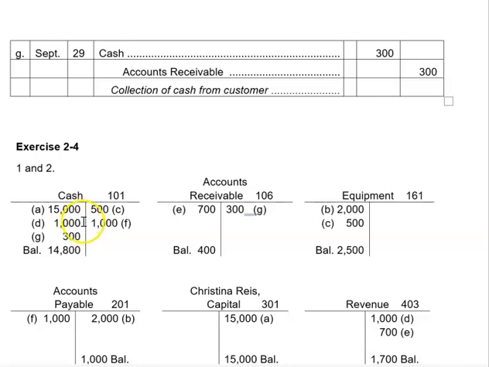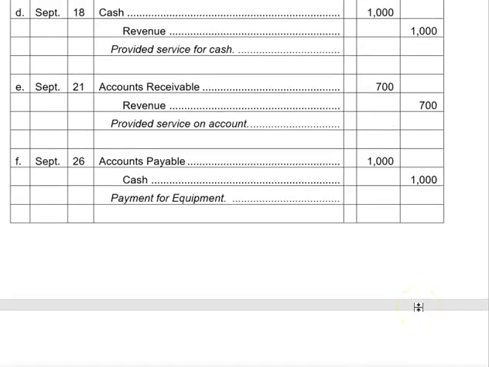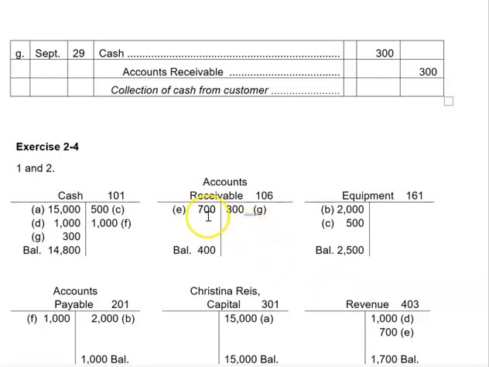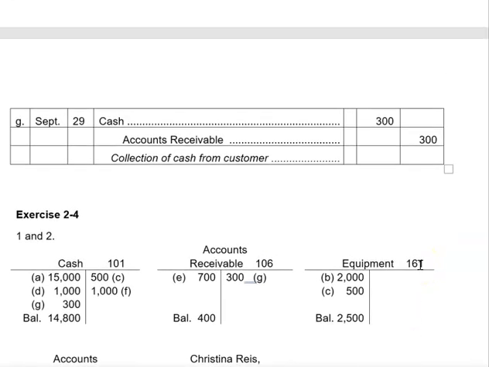D, we've got cash being increased by 1,000 and revenue being increased, but on the credit side for revenue. E, we have accounts receivable and revenue. E, accounts receivable is being increased, the 700, and revenue is being increased by the 700 as the credit.